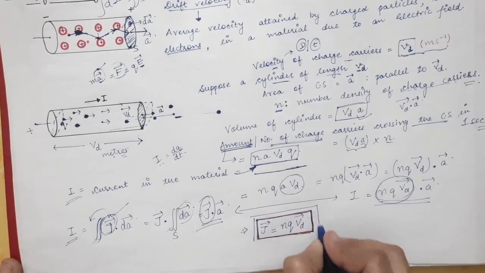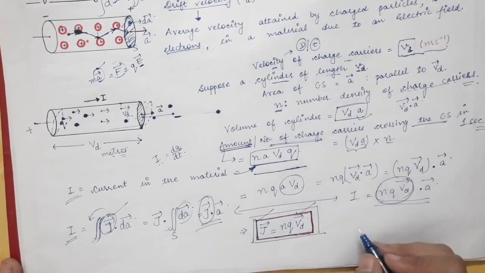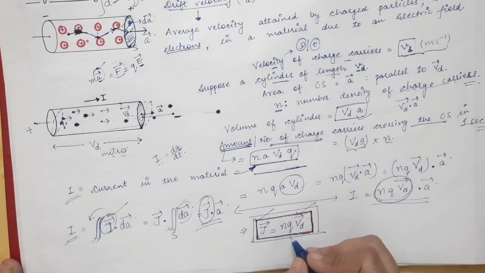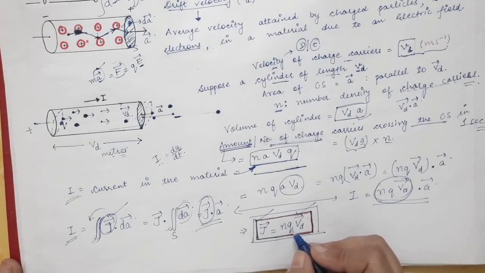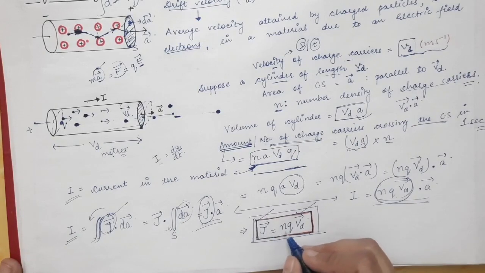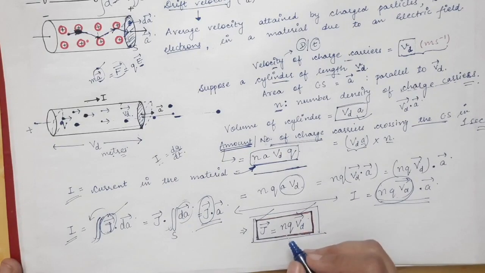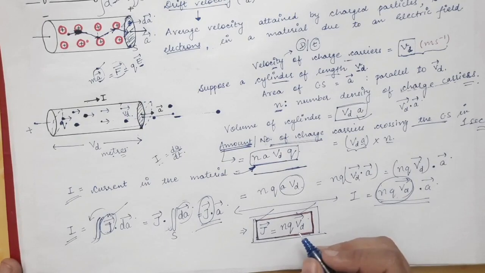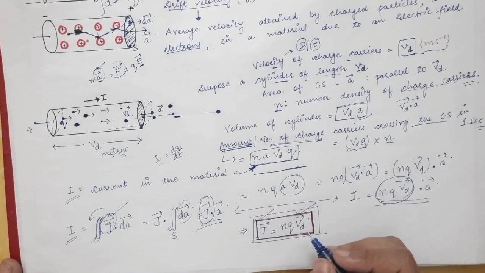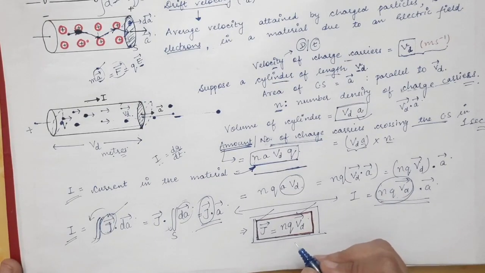So this is the relation of electric current density with the drift velocity of the charge carriers. If the charge on the charge carriers is equal to plus e, then J vector will be equal to neVd vector. And if the charge is equal to minus e, meaning the charge carriers are electrons, then in place of q you write minus e.